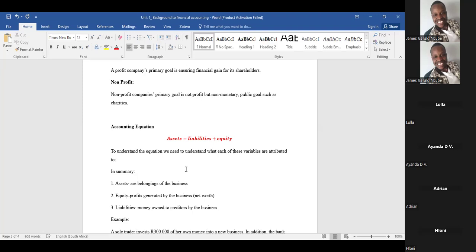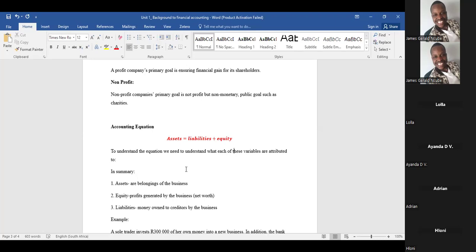So when you hear the financial manager or the CEO saying, these are the assets of the business, what are they really talking about? An asset for a business is any resource within a company that provides an economic value to the organization, that you control, and therefore can derive a future economic benefit.